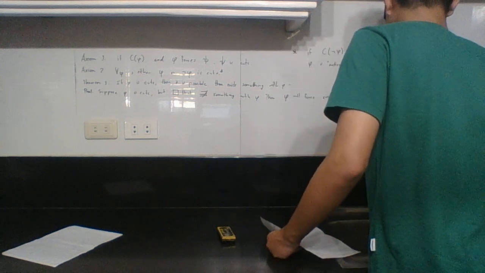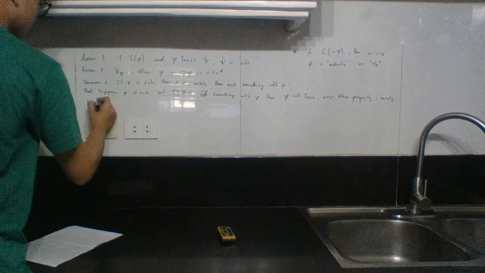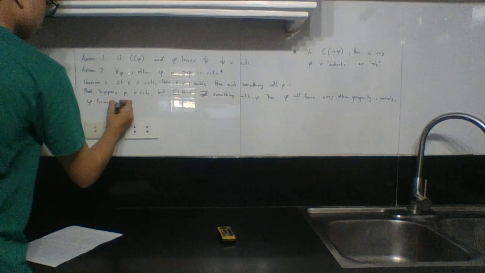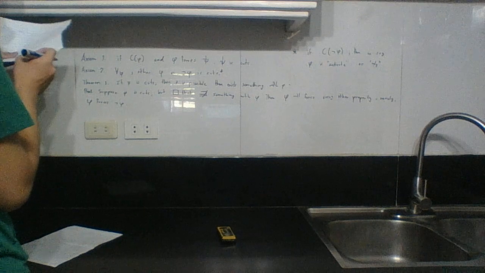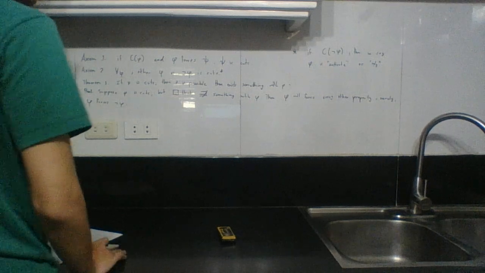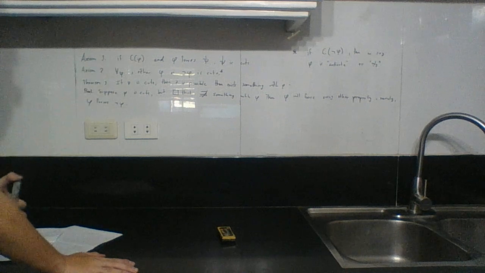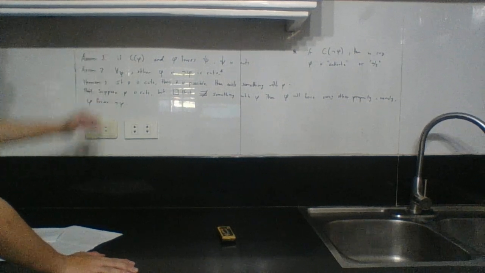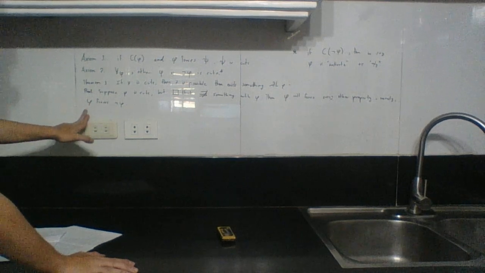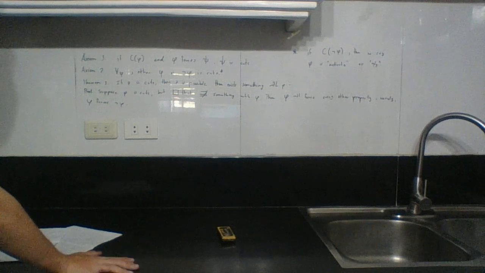So namely, var phi forces its negation. And according to axiom 1, if an object has var phi and it forces its negation, that means it must have its negation. But that doesn't make sense.